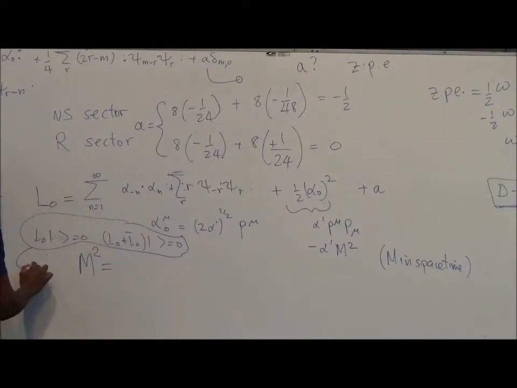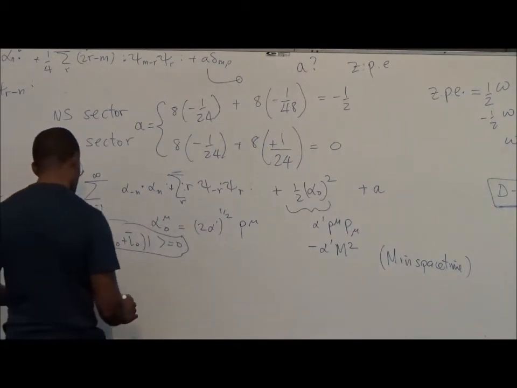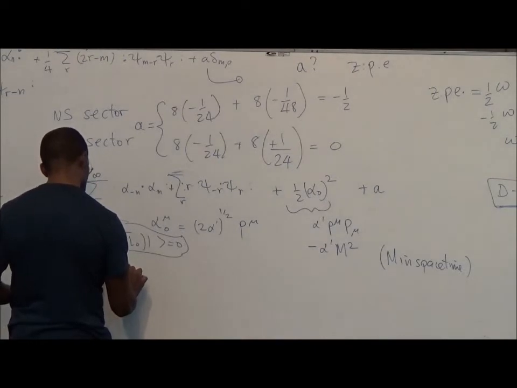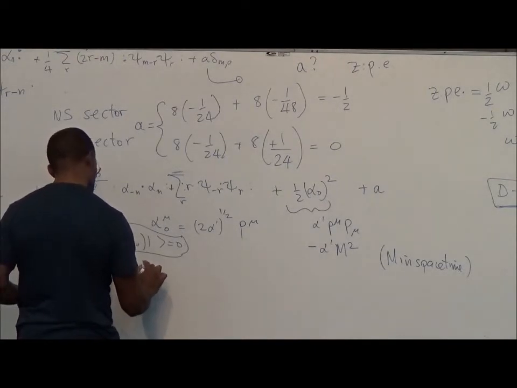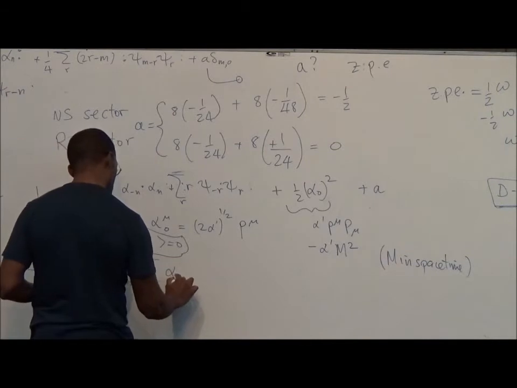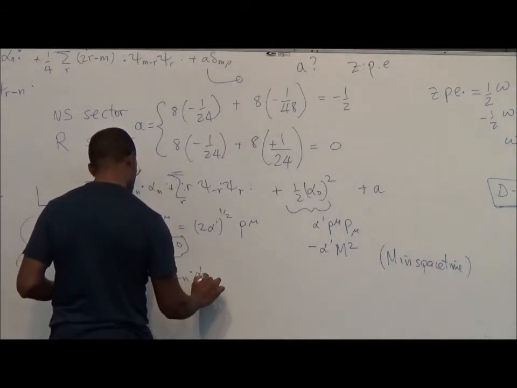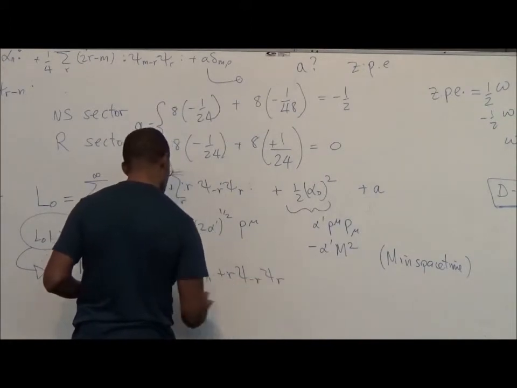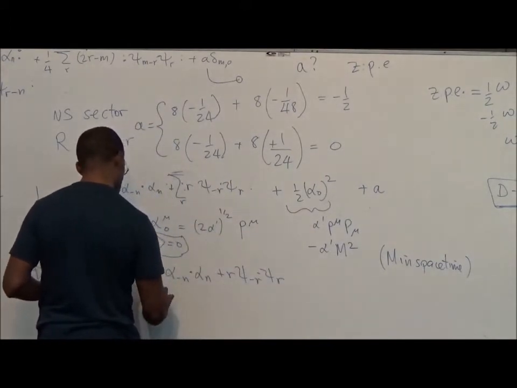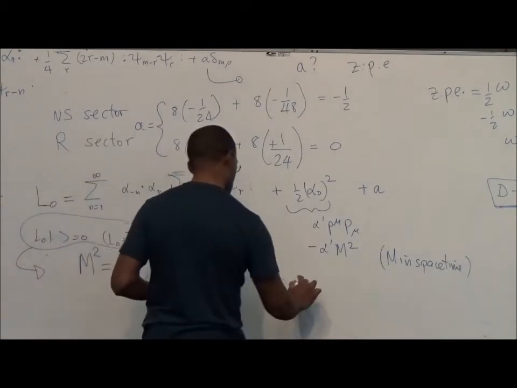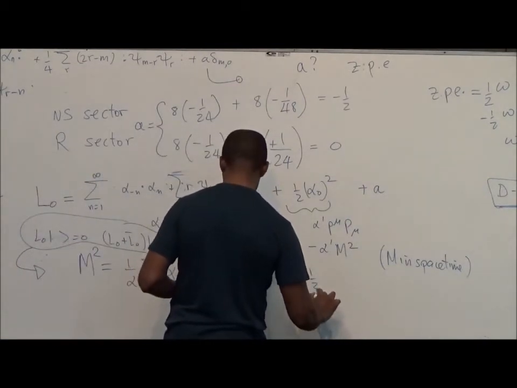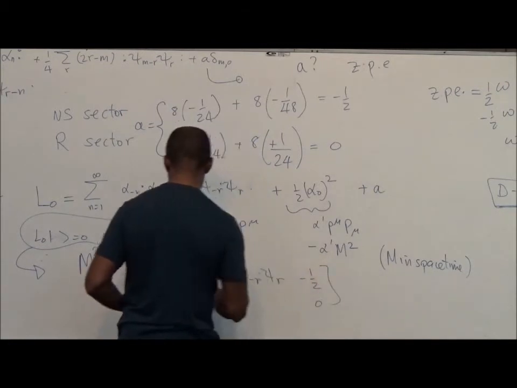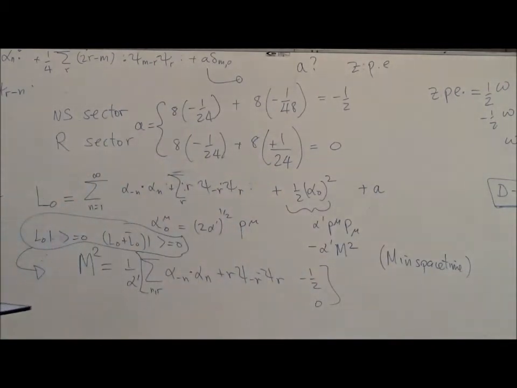That ends up being a mass shell condition that looks like this. That is either minus a half or 0, depending upon whether I'm in the Neveu-Schwarz sector or not.